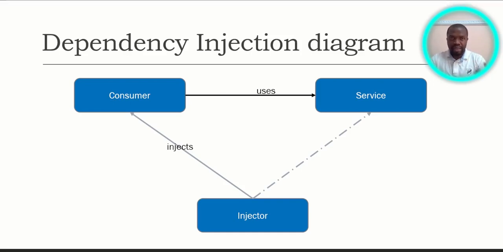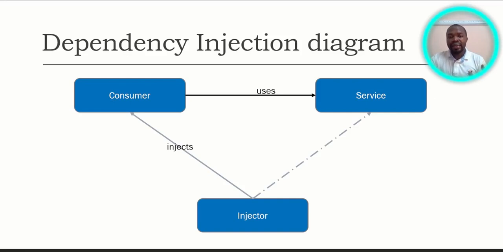As we can see on this diagram, we have the consumer class, which is the dependent class which needs a dependency in order to fulfill its function. Then we have the service class. The service class here is the dependency needed by the consumer.